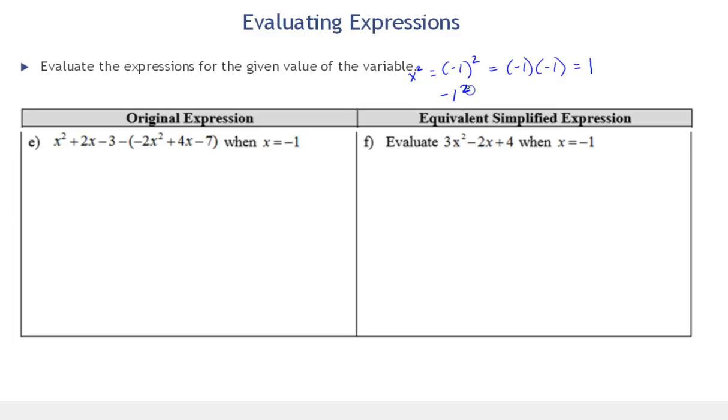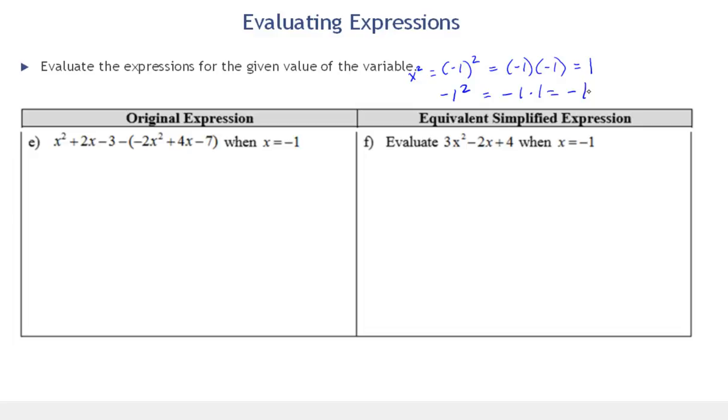If you have an expression that looks like this, it is the opposite of 1 squared. Okay, so here, this opposite or negative sign is not being squared because we perform exponents first. Okay, and the exponent is just applying to the 1. So this means the opposite of 1 times 1, which is -1.